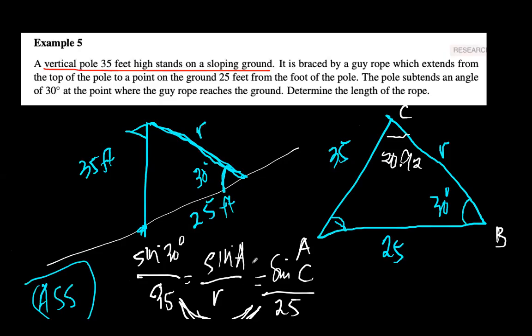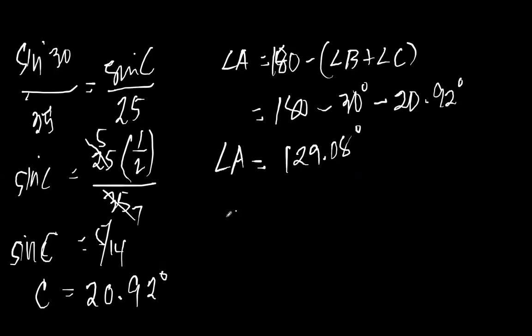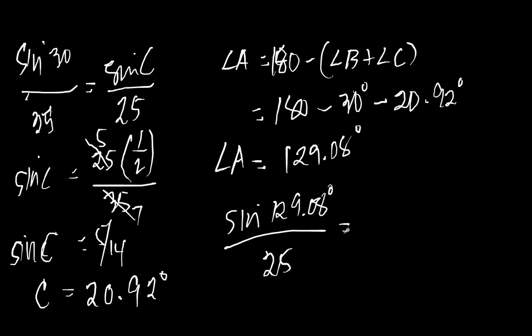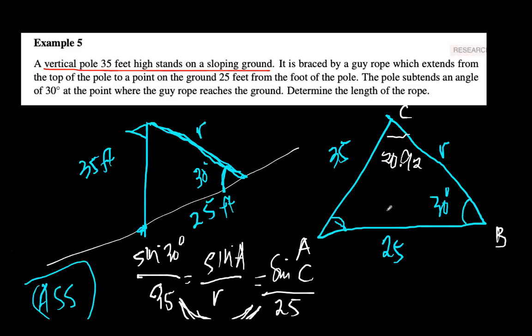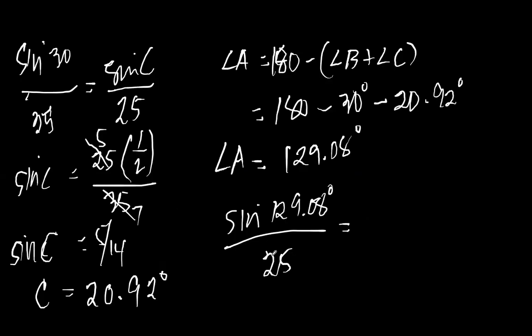So we can now solve for R, diba? Okay, so R, sine A, sine 129.08 degrees over 25 is equal to, tama ba? Hindi, R pala yun. Sorry, R. My gosh. R pala to.